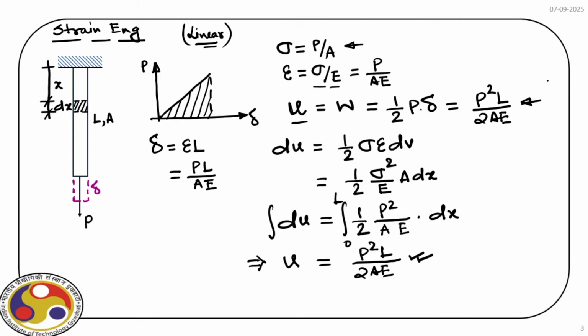And what is the definition of strain energy then? When a body deforms elastically due to the action of some external force, it develops some strain and it also stores some energy within the body because of this deformation, and that energy is called the strain energy.